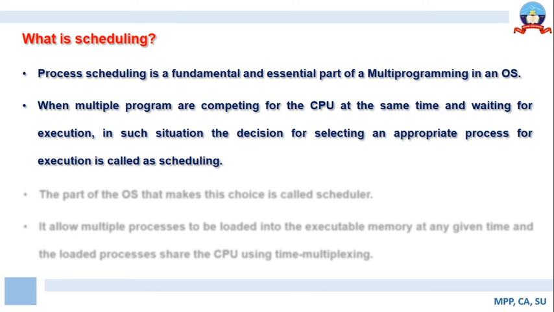These are some of the notable examples of scheduling algorithms. So the decision for selecting the appropriate process depends on the scheduling algorithm pursued by the operating system that controls the operations of the computer system.